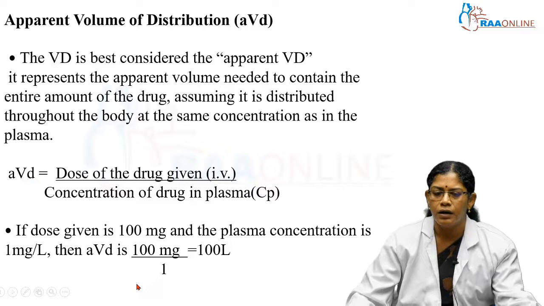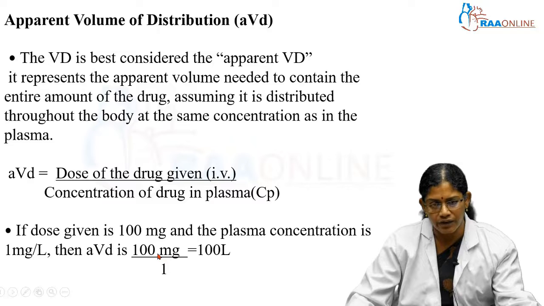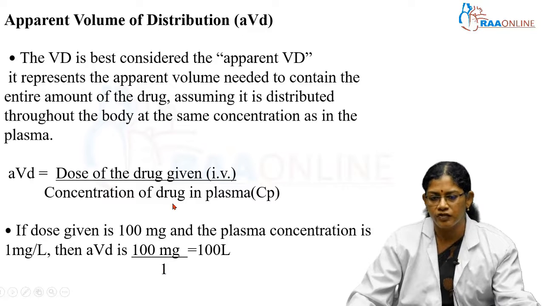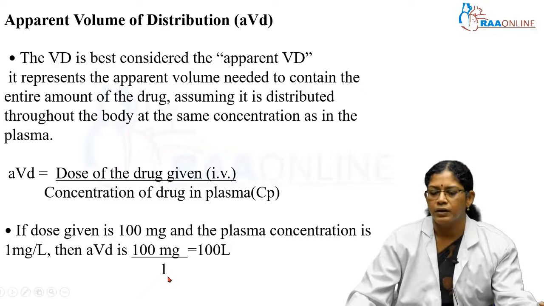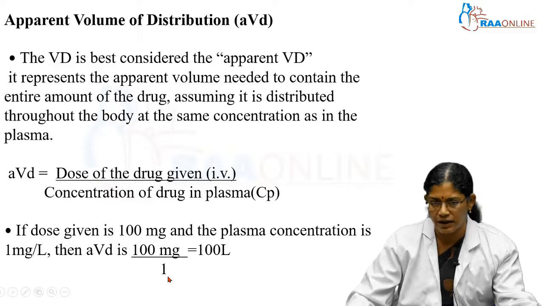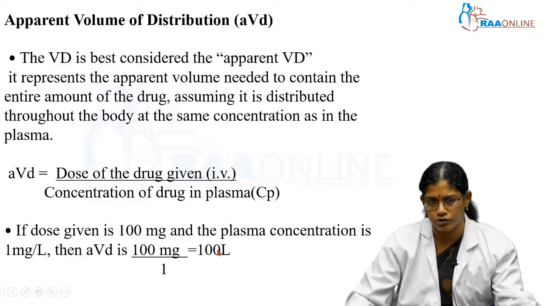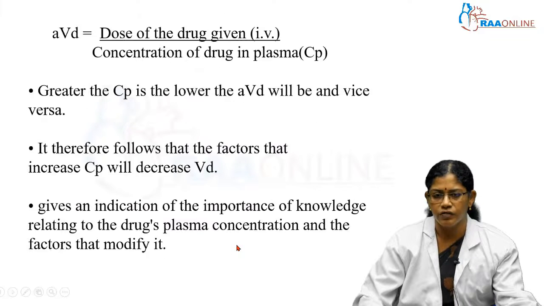For example, for a heparin-like drug, if you are giving 100 mg by intravenous route, the concentration of drug in plasma will be 25 milligram per liter, so the volume of distribution will be 4 liters. So, the volume of distribution will be low when concentration in plasma is high. This is inversely proportional. This is apparent volume of distribution.